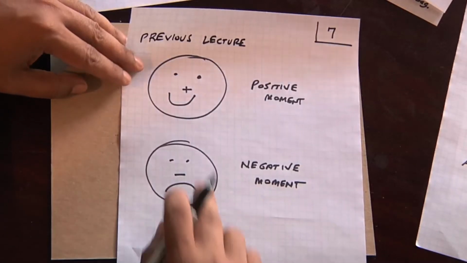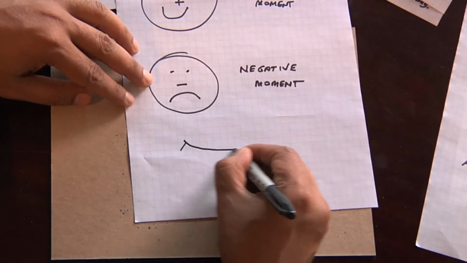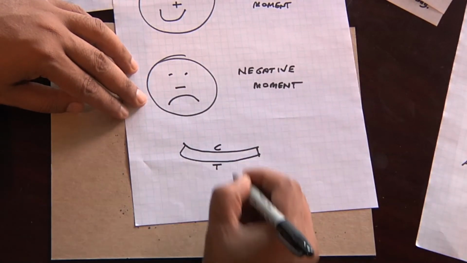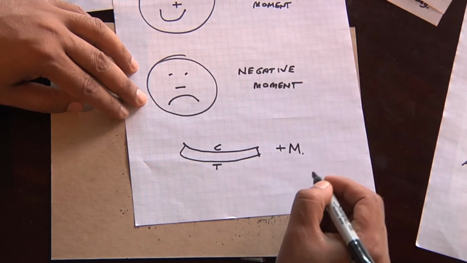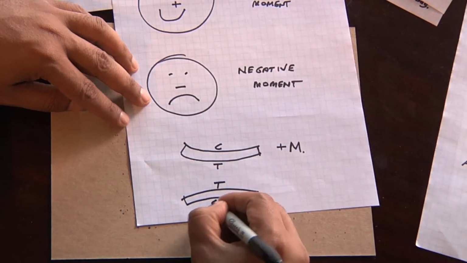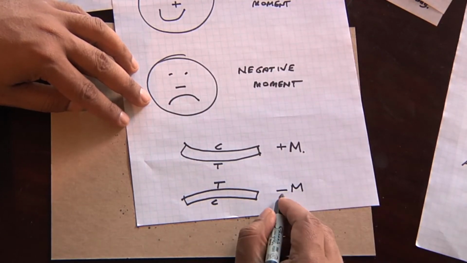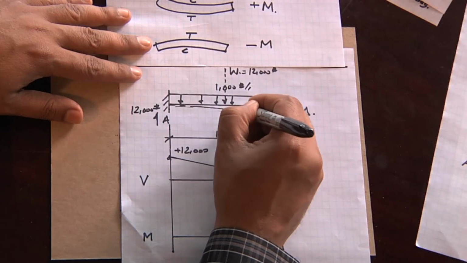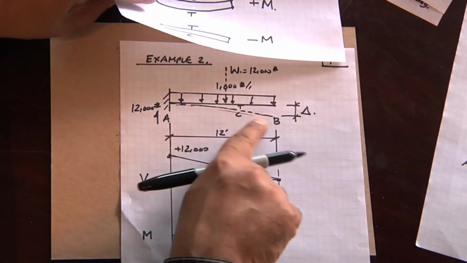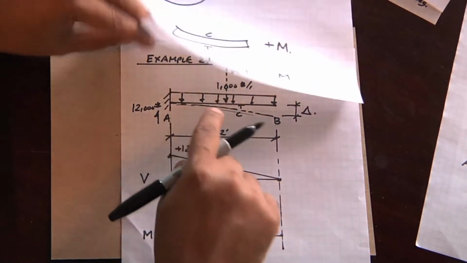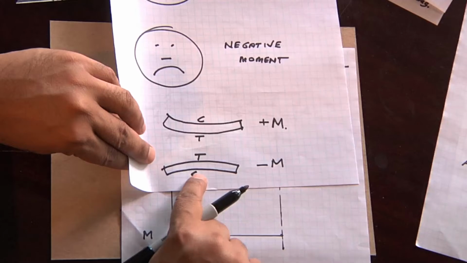This refers to the elastic curve. If a beam is bending with tension on the bottom and compression on the top, positive moment. If a beam is bending with tension on the top, compression on the bottom, negative moment. Going back to this diagram, what do we have? We have tension on the top, compression on the bottom, and it's a negative moment. Everybody see that? You have negative moment, tension on the top, compression on the bottom.